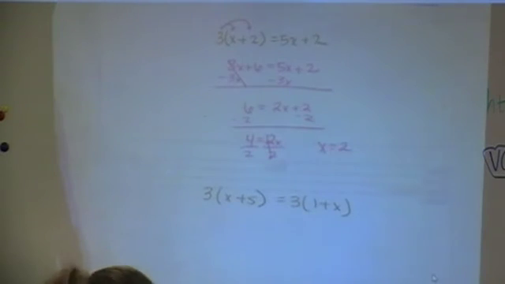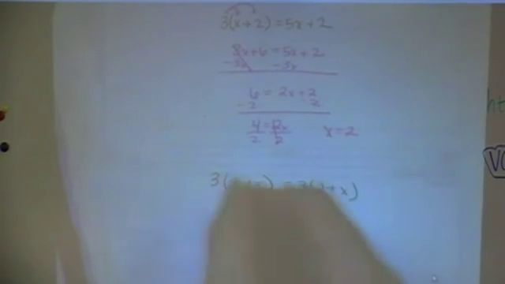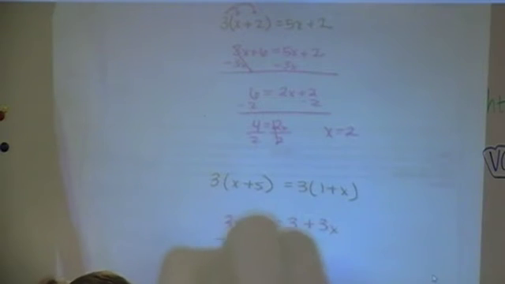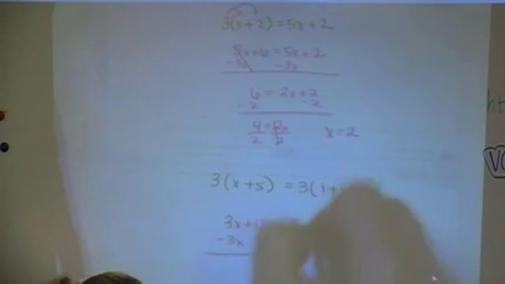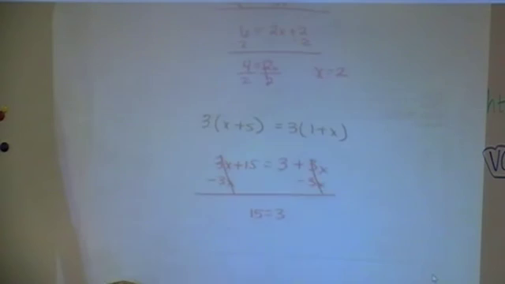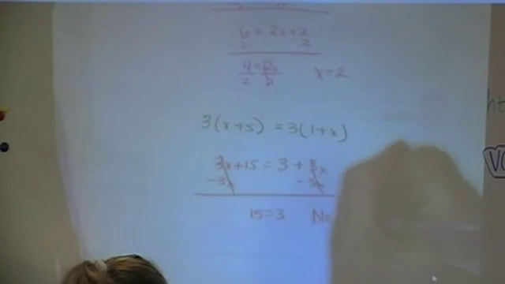If I start doing this problem, and when I go to solve this, my x's completely cancel and I end up with 15 equals 3. It's not like real or undefined. There's not a fancy word for this one. If it ends up 15 equals 3, it's no solution, because 15 doesn't equal 3.